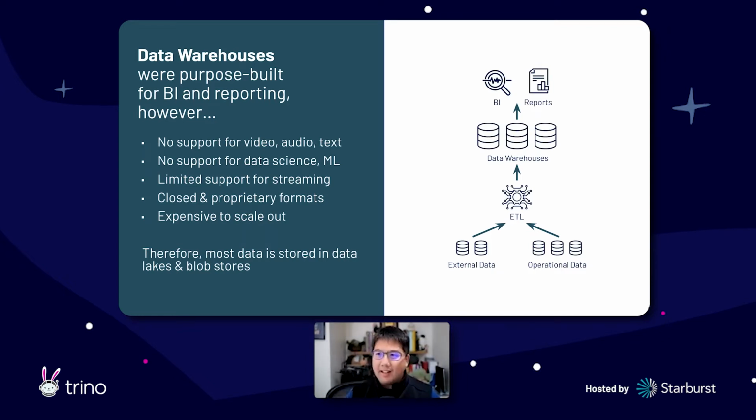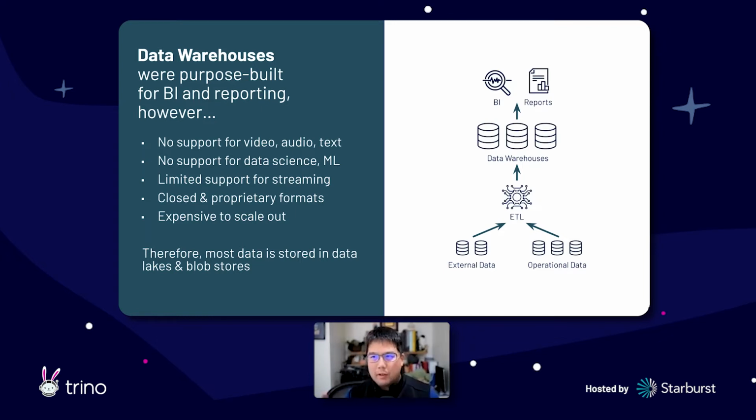They were great, right? Except, and that's the key thing, there wasn't support for video, audio, or text. There's no support for data science and machine learning. Even this idea that we could potentially use cursors or functions within Python functions or R functions directly within the database was problematic at best. There's limited support for streaming.